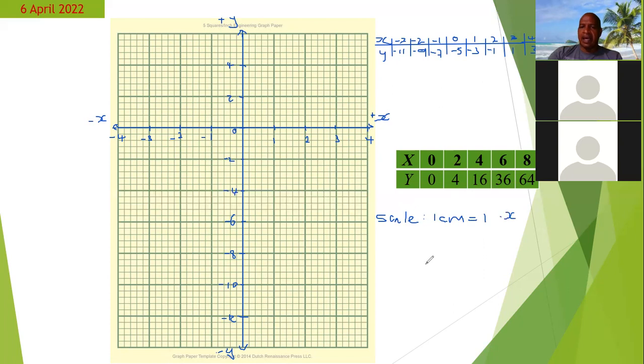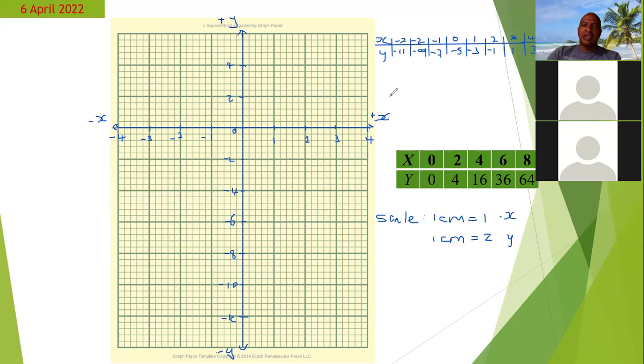And then on the y-axis, 1 centimeter equals 2 units on the y-axis. So make sure you write in your scale to show what your graph is using.